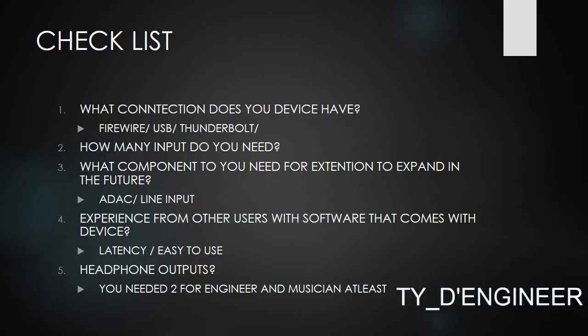So buy something that will last you for a long period of time. If you're just recording yourself, an audio interface will most likely be better. But if you're planning to record multiple people, bands, at the same time, then a larger audio interface or a mixer desk will be better.